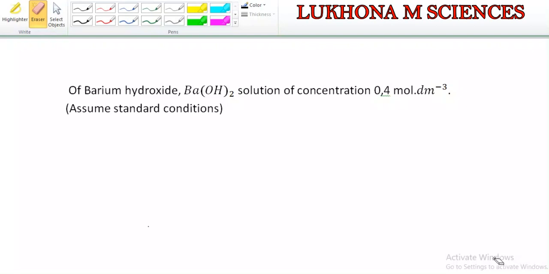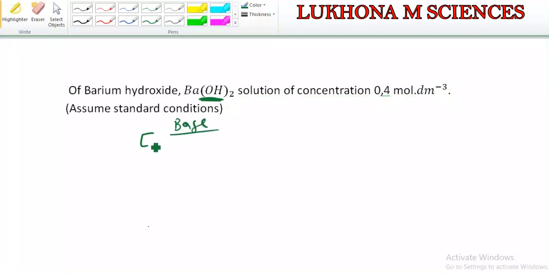Then let's look at this question. They say calculate the pH of barium hydroxide. Barium hydroxide has 2 OH. As you can see, it has 2 OH. It's a base.